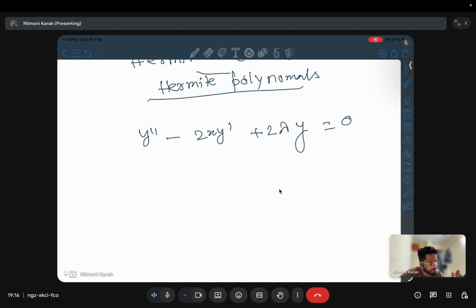Now, one formula is there for the Wronskian: how to calculate the Wronskian of solutions of this differential equation.